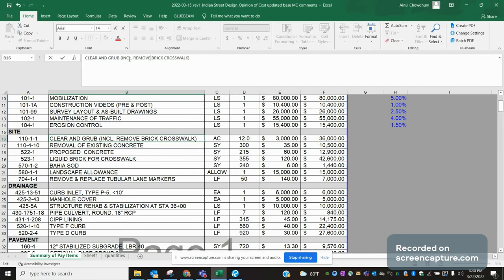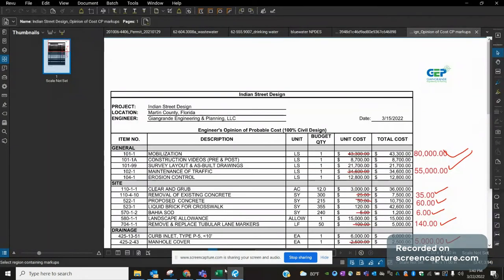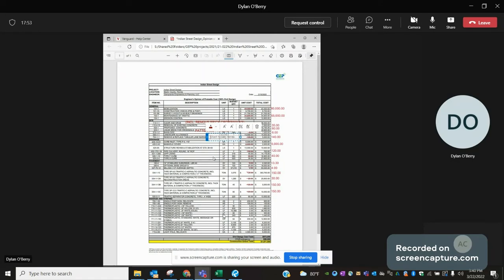That one's called pattern pavement. This is just for your notes. The tubular thing's called delineators. So I don't have to add those notes?